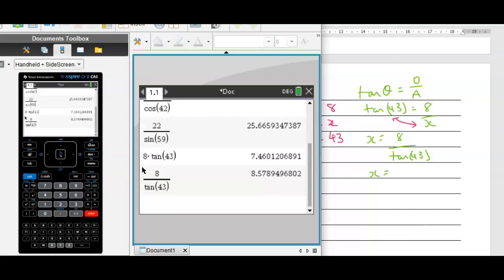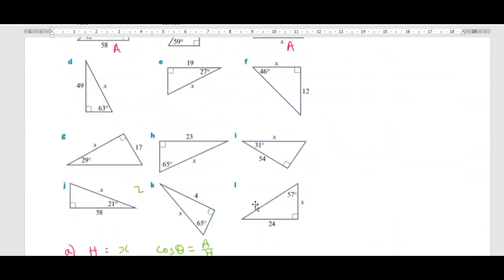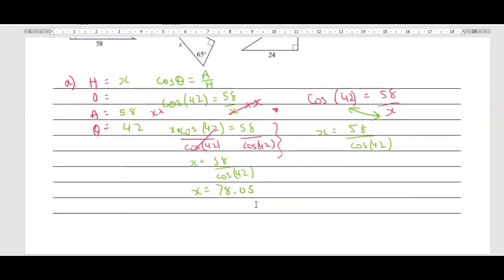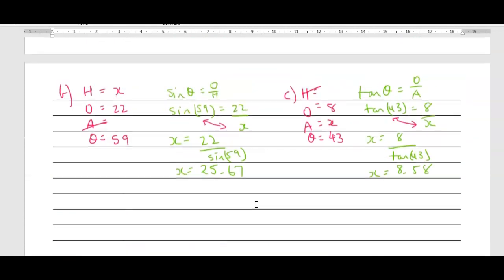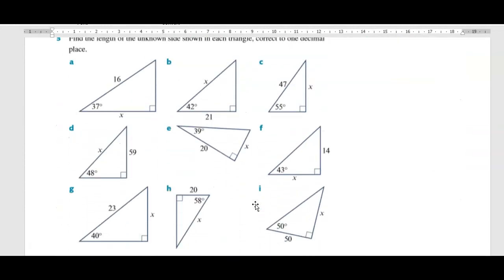There we go, 8.58. All right, so you can continue on doing the rest of the questions. There's a lot there and not much space, definitely not much space. You could probably do 3 or 4 more.